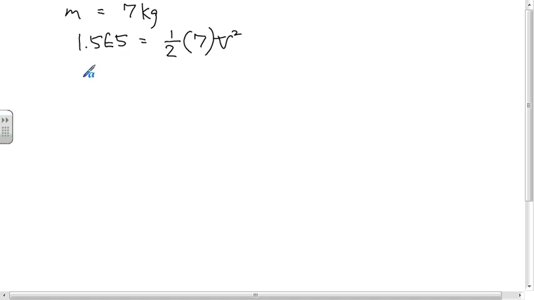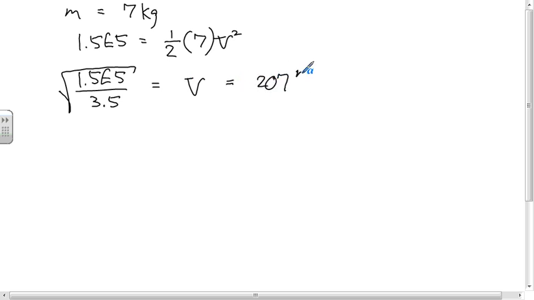So 1.5 times 10 to the fifth divided by 3.5, take the square root of all that. Can you calculate that one too? This is the last thing I'll ask you to do. Okay, so 207 meters per second, or a little short of 500 miles per hour.